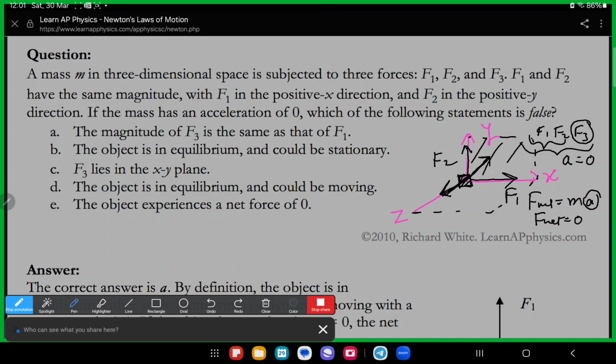Then resultant force will be 0. So if an opposite force is acting to balance it, net force will be 0. So in that case, the magnitude of F3 is the same as that of F1. This is incorrect because the resultant will be equal to the object in equilibrium and could be stationary.